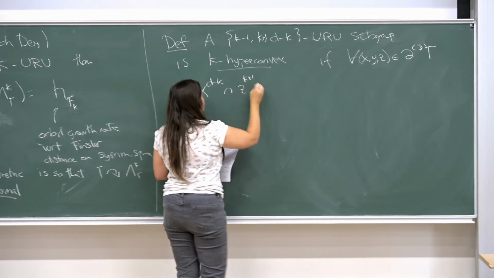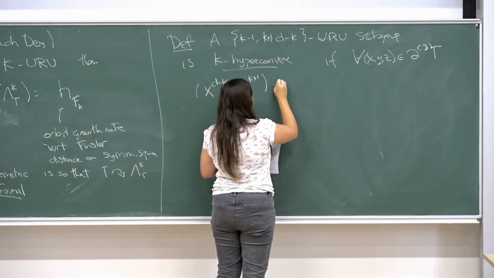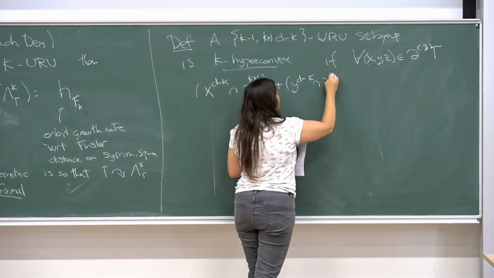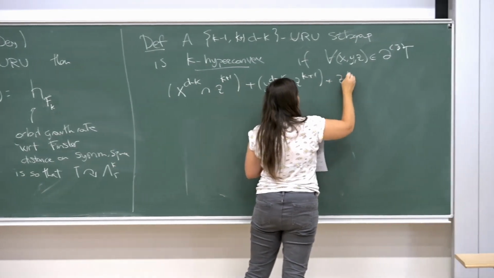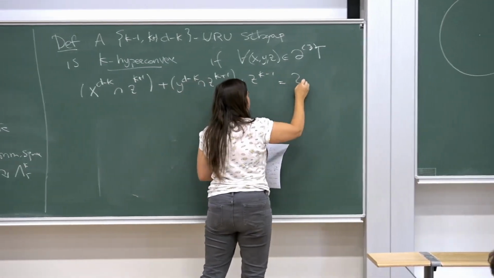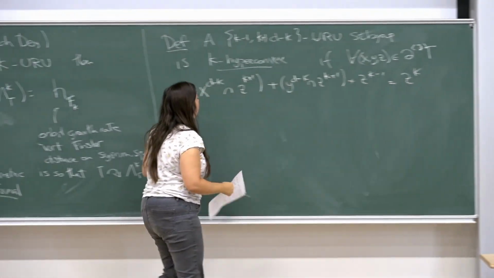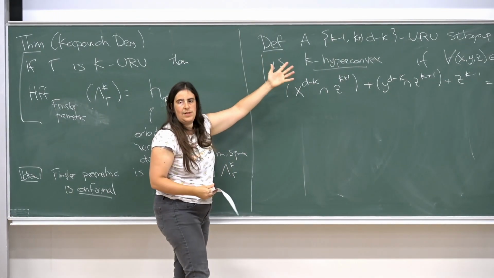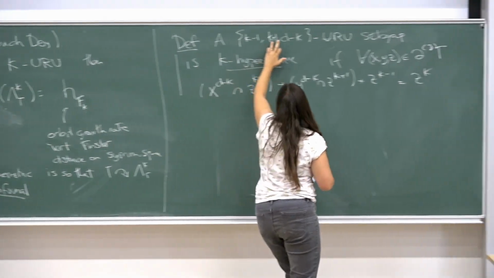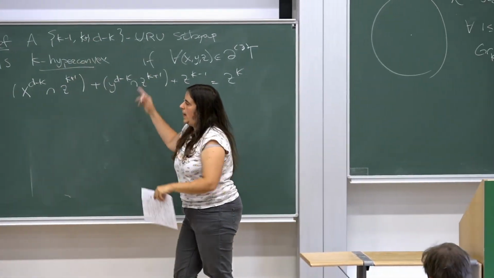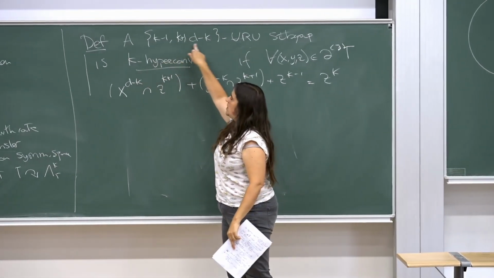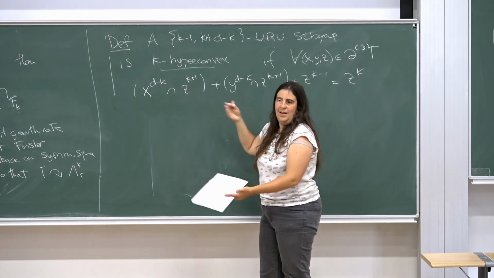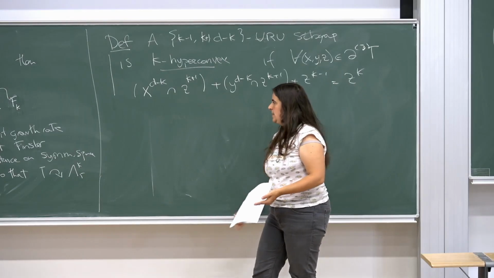I'll draw an example in a second. And so this is some three-point transversality: if I am k-1, k+1, d-k Anosov, I have boundary maps in those Grassmannians. So I have lots of linear subspaces, and I can cook up lots of transversality conditions out of three subspaces.